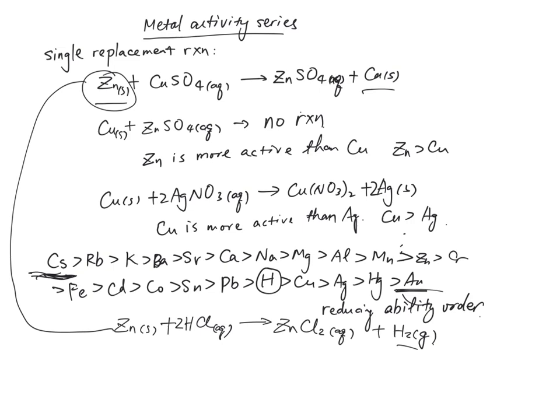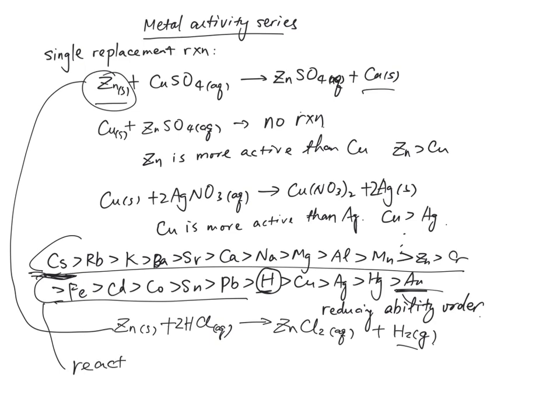And with the position here, you also know that everybody up front, everybody before hydrogen, all of these guys, if you put them into an acid solution, because all of these are more active than hydrogen, you will see gas bubbles. So all of these metals react with acid.